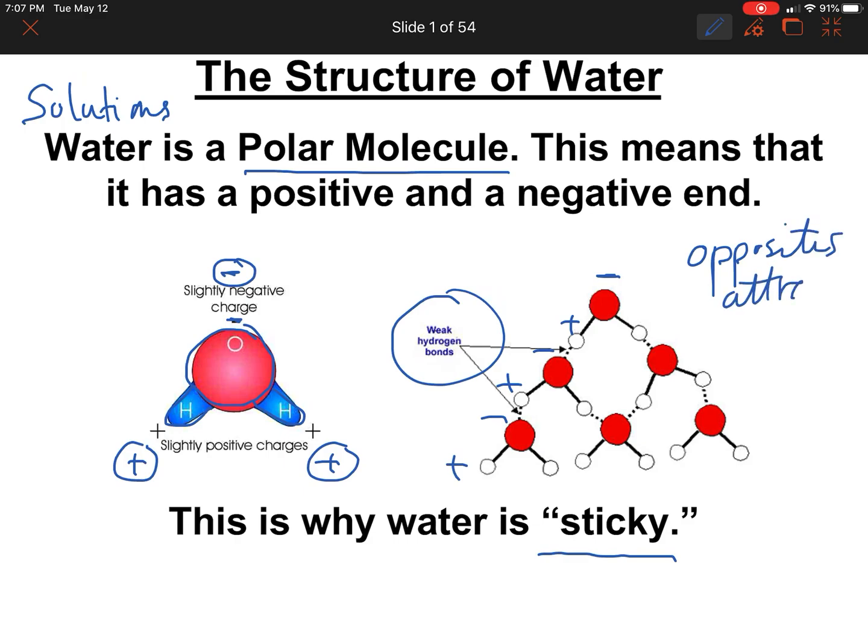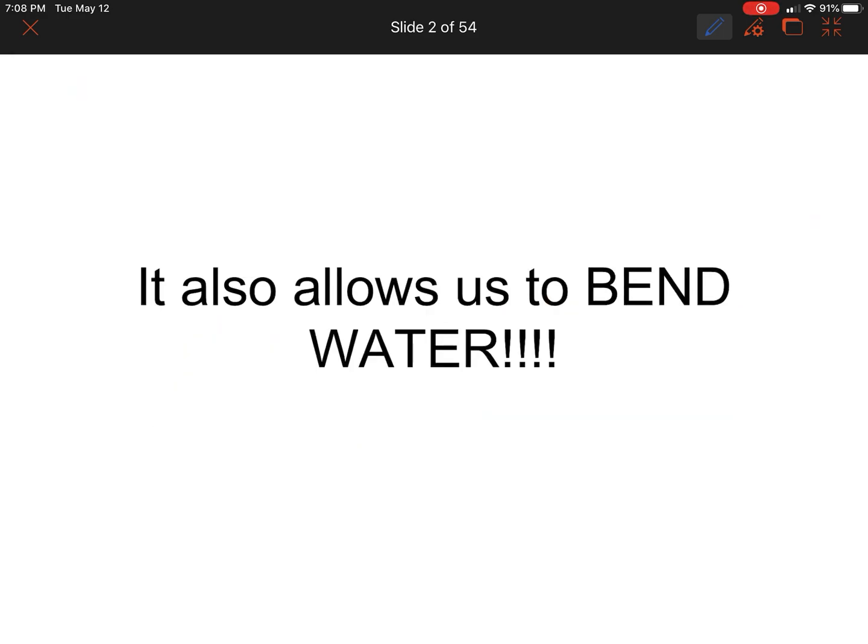Opposites attract, right? So we know that positive and negative charges like each other. So that's why these are attracted here. Because those positive and negative charges from different molecules are attracted to each other, and we call those weak hydrogen bonds in chemistry.